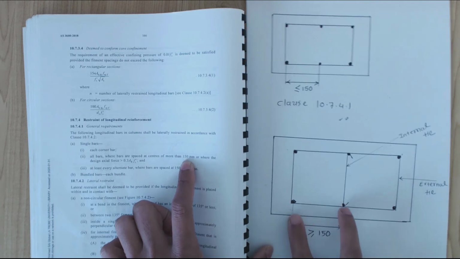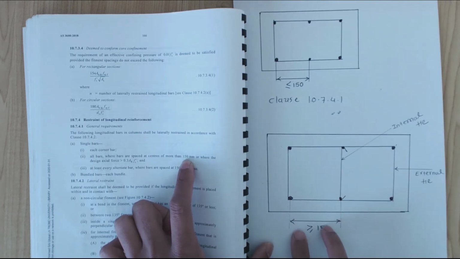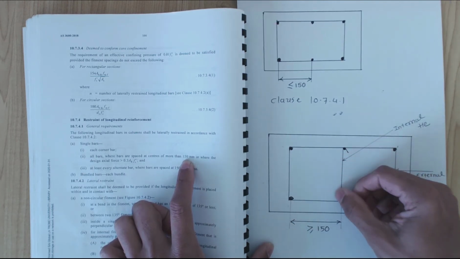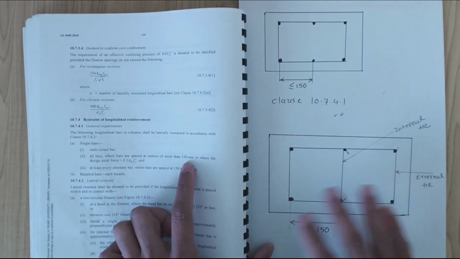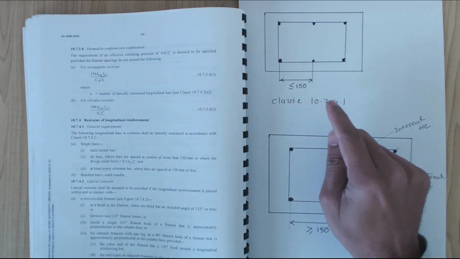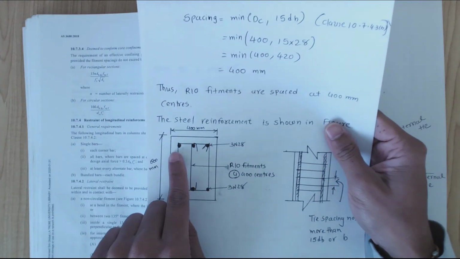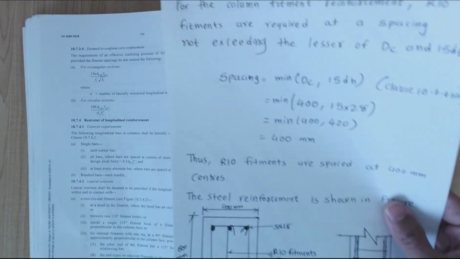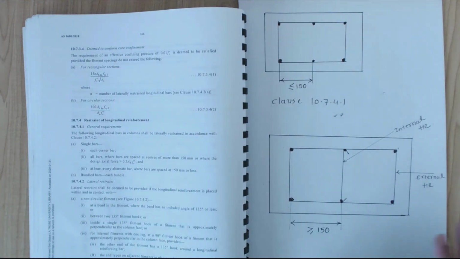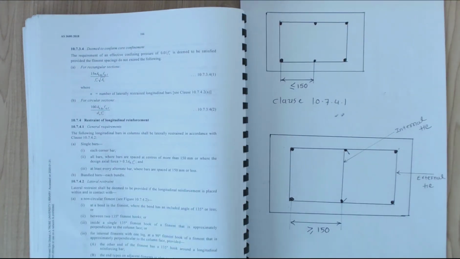But if the spacing between longitudinal bars is greater than 150 millimeters, you need to provide internal ties. That happens in our example, where the spacing is greater than 150 millimeters, so we provide internal ties. So that's the example of reinforcement detailing and calculating the area of longitudinal reinforcement in our column example. Thank you.